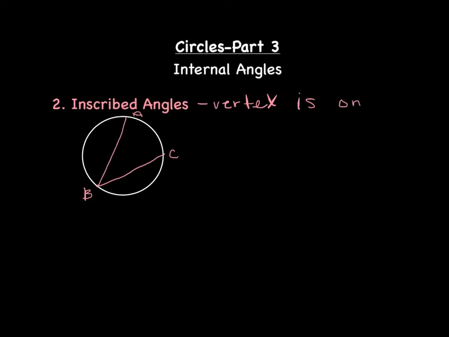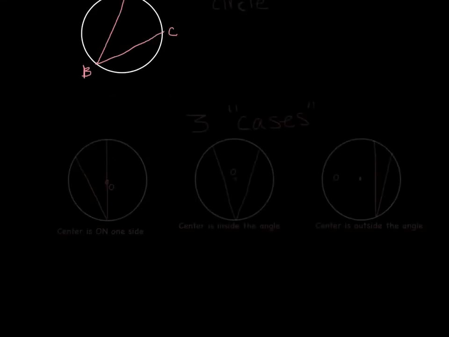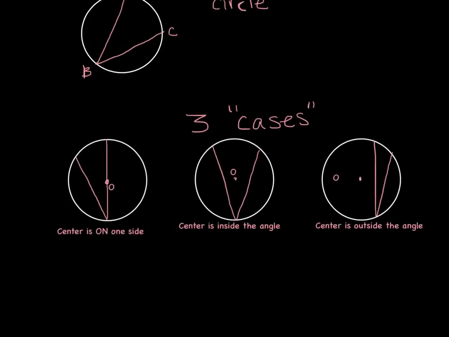Now, there are three very specific types of inscribed angles, although they all will follow the same rules. Here we have the three cases. The first one where the center of the circle is on one side of the angle, the second case where the center is inside the angle, and the third case where the center is outside the angle.